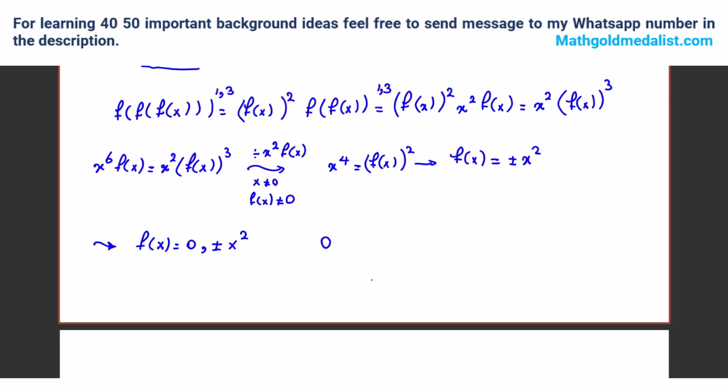Because we have three different values. X squared, for 0, all of them are equal. Let's consider the cases that are not 0. I want to see, is it possible to have both 0 or x squared, or both 0 and negative x squared, or both negative x squared and x squared? I want to reject all of them. Then at the end, we can conclude all f of x should be 0, all f of x should be x squared or negative x squared.